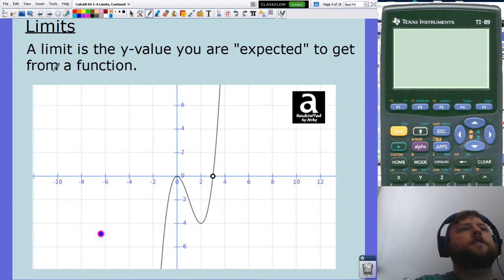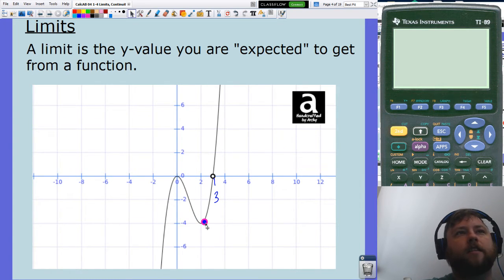Now, let's look at another graph, and this is not animated. So I'm going to have this point, and it's following along here. But there's something different right here. When it gets to x equals 3, there's a hole. What? So what's going on with the limit value right here is if I have a point, it can follow along this line.